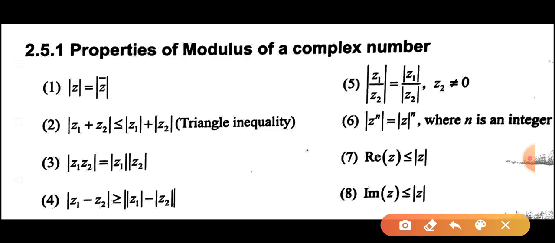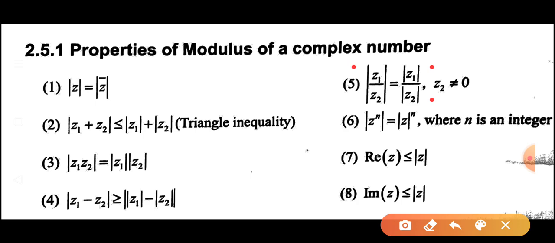Modulus of z1 by z2 is equal to modulus z1 by modulus z2, where z2 is not equal to 0. Because if z2 equals 0, the answer will be undefined. If the denominator equals 0, the answer is undefined. So z2 is not equal to 0.